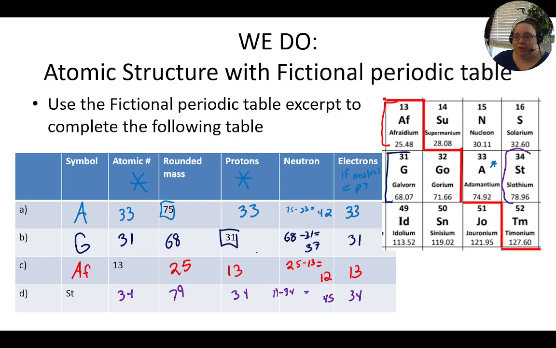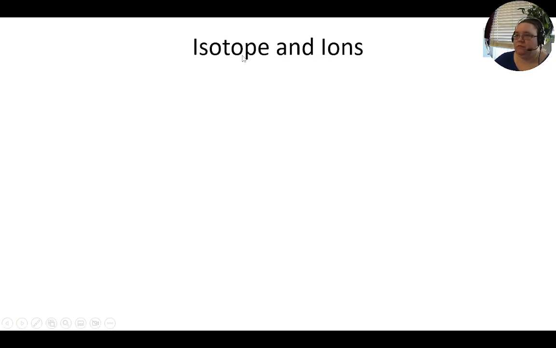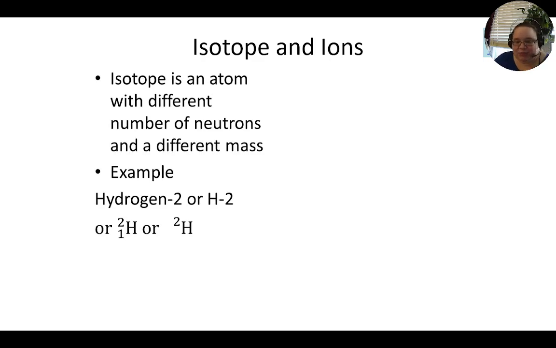So that is our normal elements, but not all elements are normal elements. Some of them are isotopes or ions. Alrighty, so what is an isotope? What is an ion? Well, an isotope is an element that has a different number of neutrons. Since it has a different number of neutrons, it has a different mass. There are a few different ways that we indicate that we have an isotope.